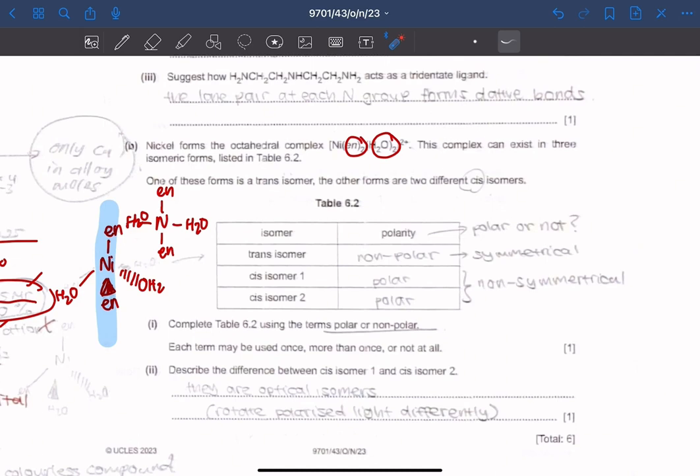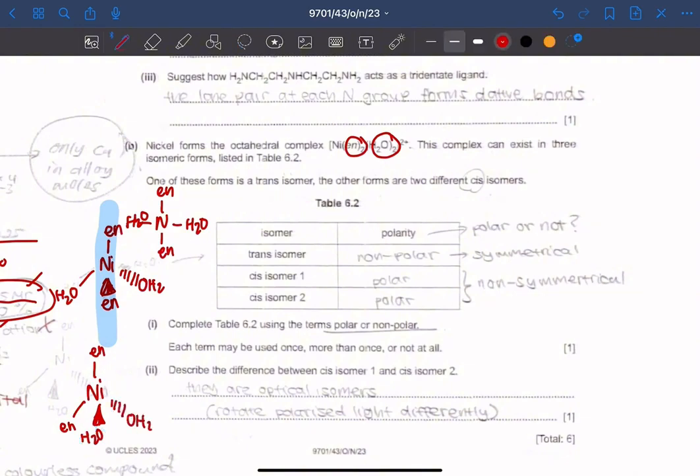Meanwhile, for the cis isomer, it's Ni connected to N, connected to N here, and H2O. Actually, it should be bonded to the O, and then OH2.